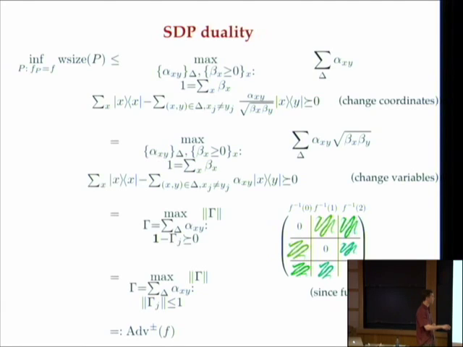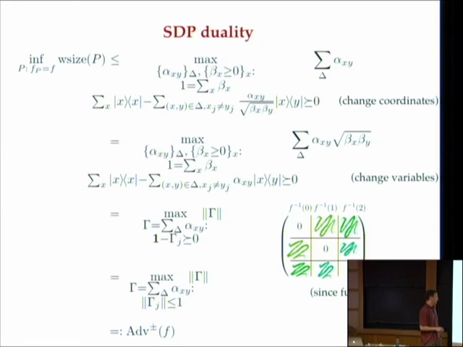Here, I've arranged the inputs, the columns, and also the rows of this matrix. It's a square matrix. I've arranged the inputs as the preimages of 0, followed by the preimages of 1, followed by the preimages of 2, say. Say it's ternary, say we have three values. Then an adversary matrix can only be supported on these shaded areas. It has to be supported on rows and columns that differ, from 0 to 1 or 0 to 2, for example.